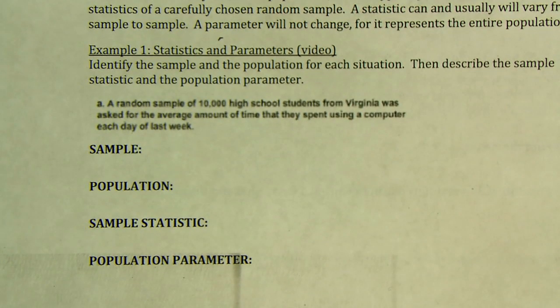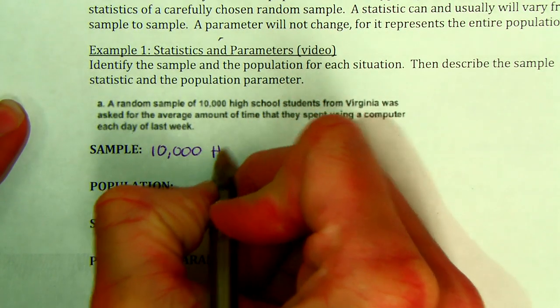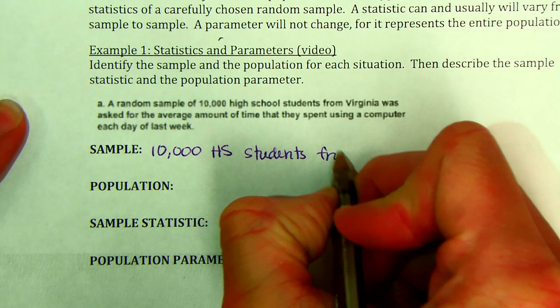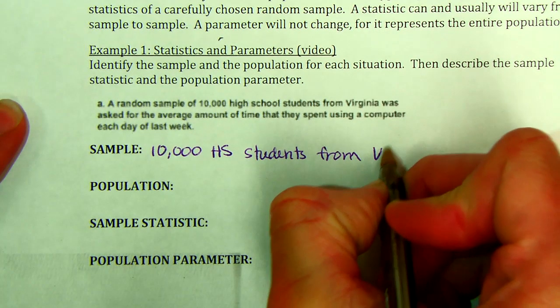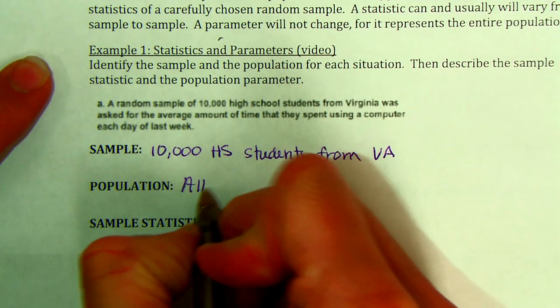Okay, so the sample are 10,000 high school students from Virginia. The population would probably be all high school students from Virginia.